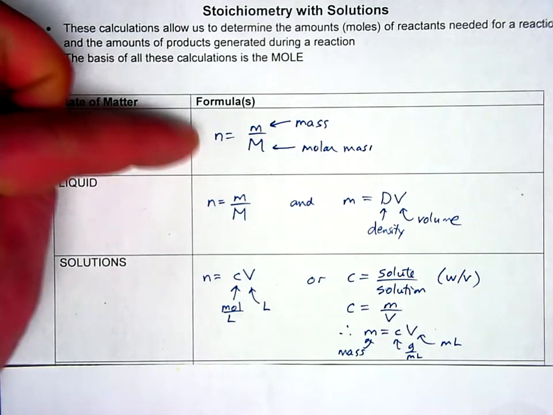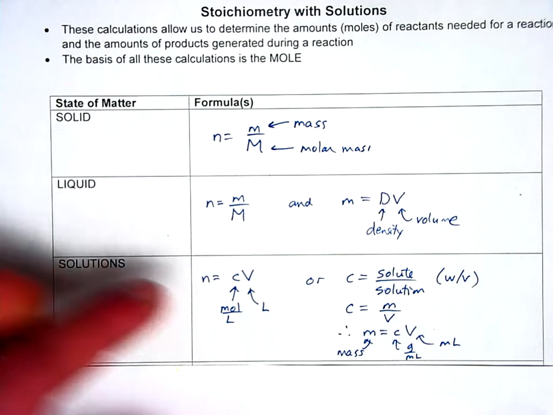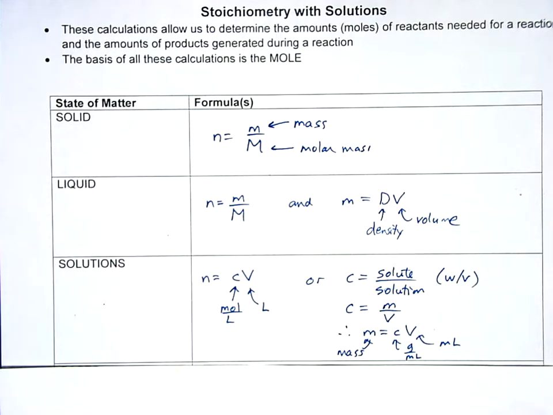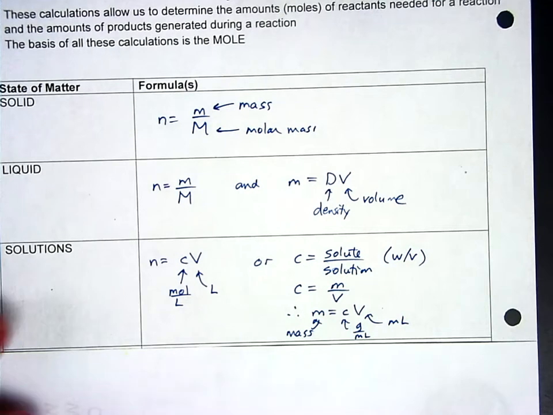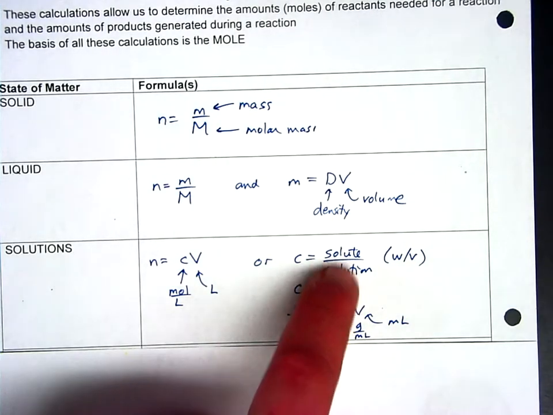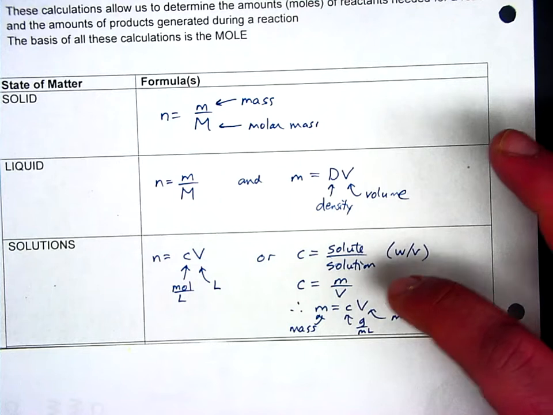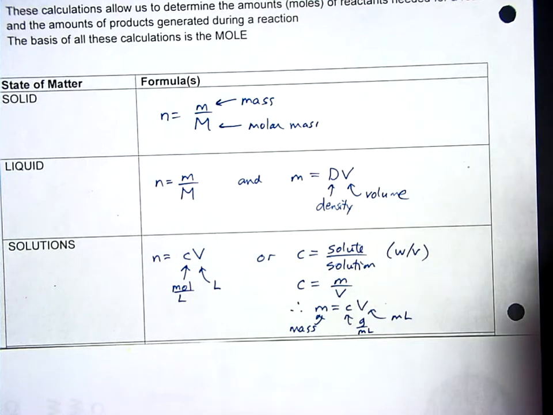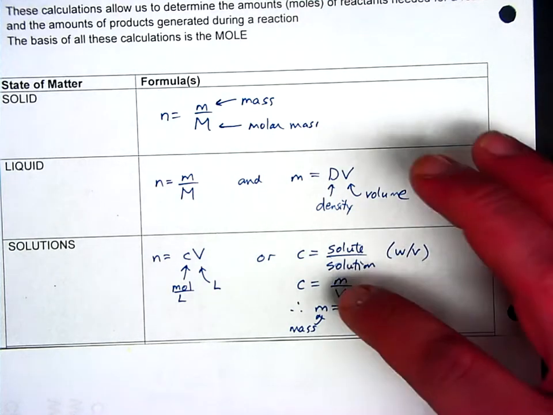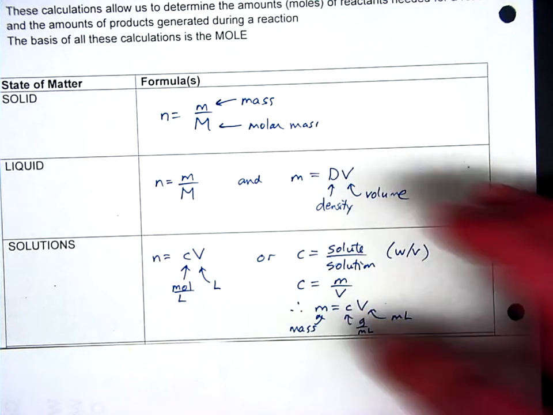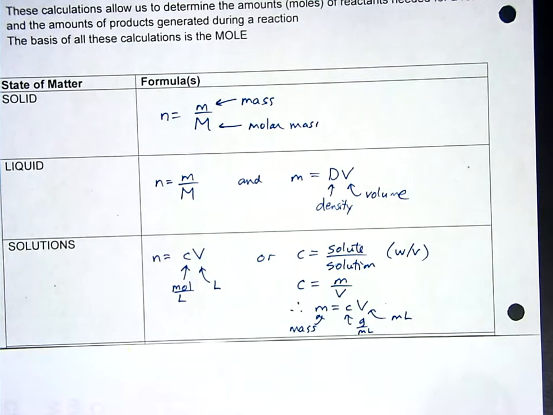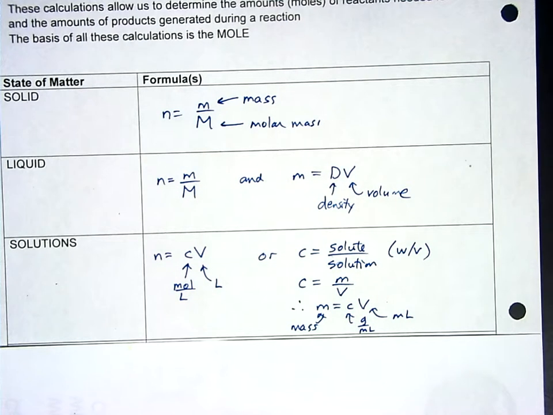So we're not going to use this one. We have to be very careful about that. If we were given the concentration not in moles per liter, but rather in a mass amount, we would be using mass. So we have to be careful about what we're given. If it's solute over solution, like a weight per volume amount, we would be able to get the mass by rearranging this formula so that the concentration times the volume, as long as these units are compatible, would give us the mass, more than likely in grams.